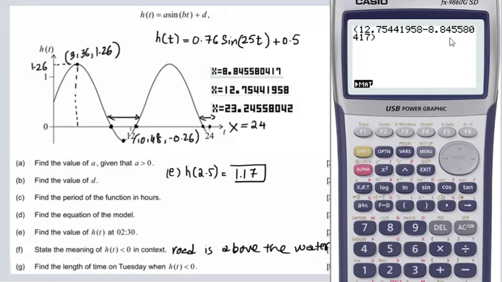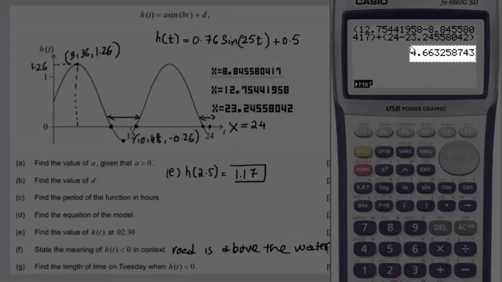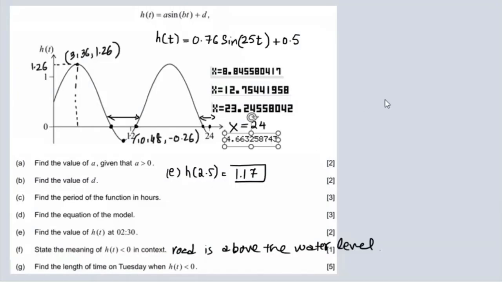Let me just check, have I written it correctly? 845580417. Right. Okay. So add another length of time, which is 24 minus 23.245580 42. Okay. So I've added my numbers. Let's go. So I'm getting the final answer as this. And that is for part G. You can give the final answer as 4.66 hours. So that's it.